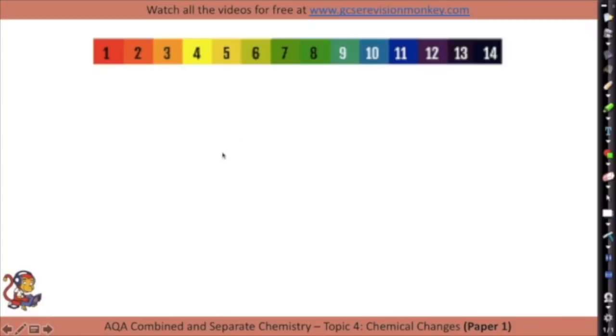This section on strong and weak acids links again to the pH scale. So just in a little bit more detail, pH is a measure of the concentration of hydrogen ions in a solution.